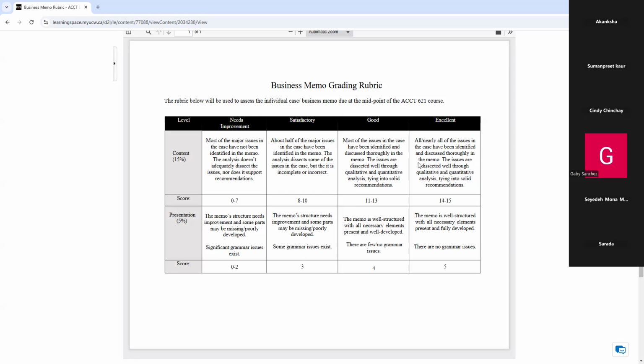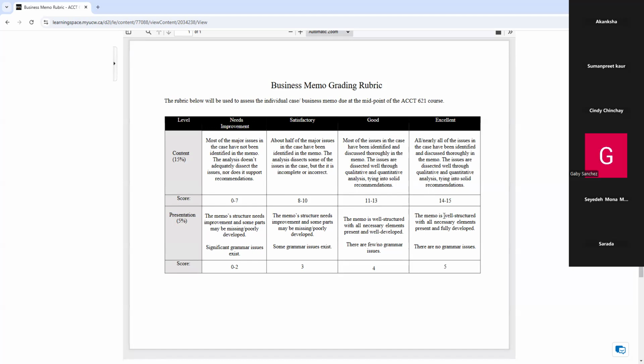You have to identify all the problems, and provide the analysis and discussion for all the problems. When you need qualitative analysis, you're comparing the numbers. When you need quantitative analysis, you're doing it with the pluses, minuses, positives, negatives. And then you tie up your analysis with a recommendation.